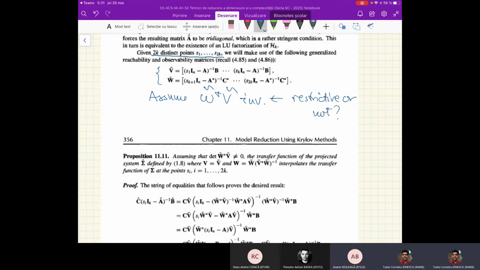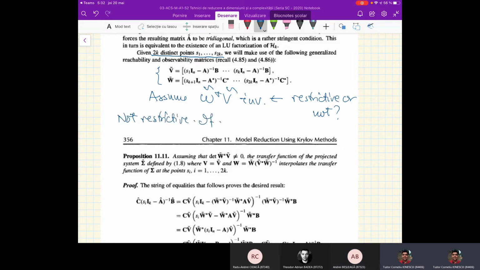No. Why? If we can't make that inverse matrix, we can choose other W and V. How can we choose other W and V? Yeah, not necessarily. We choose other points. You choose other Si. If your choice of Si doesn't meet the requirements of this, not restrictive, okay?